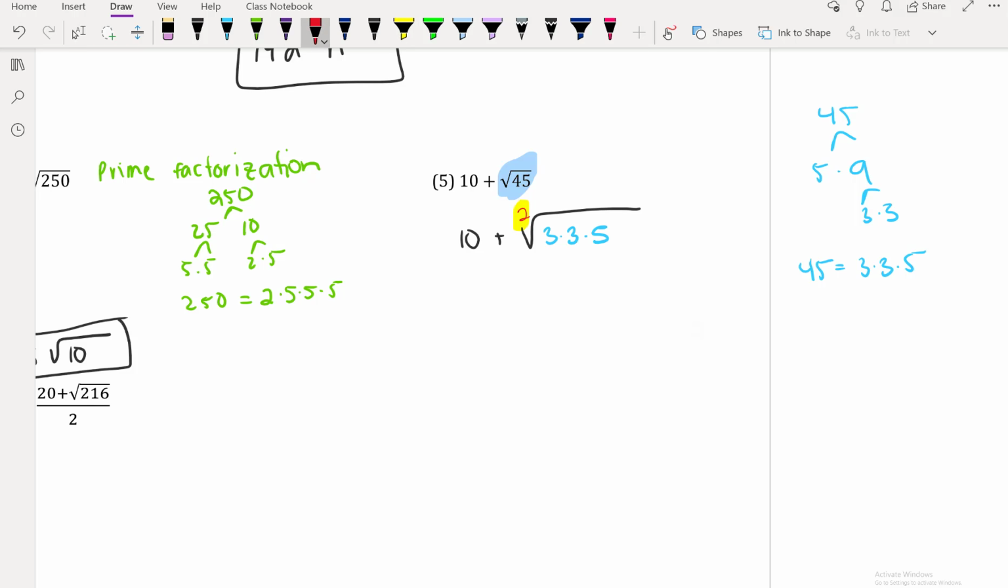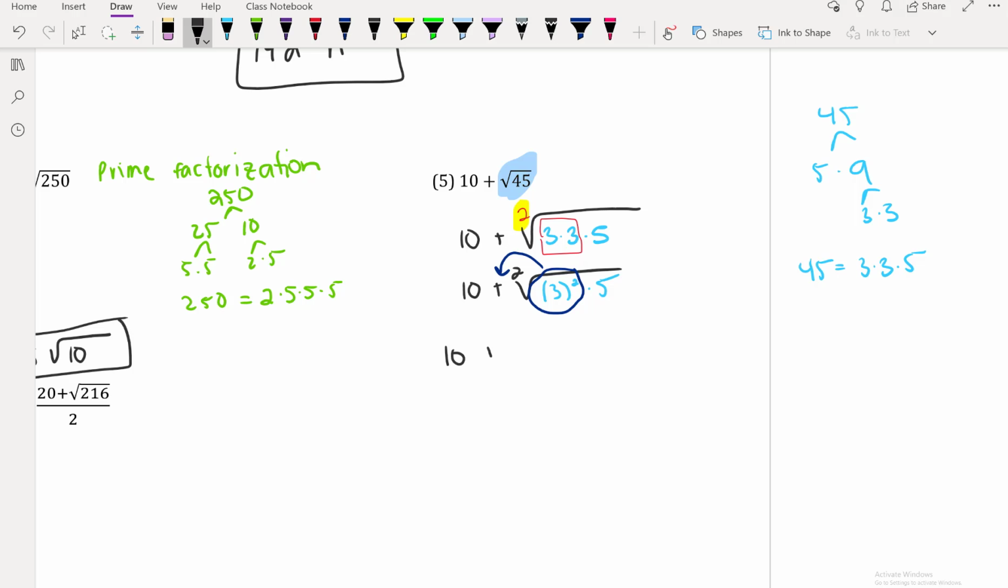So now I want to make sure to rewrite it as a power of 2 if possible, or something that's divisible by 2. So I have 10 plus the index. So now I have a 3 squared times 5. So now I know that this 3 squared is going to jump out right in front, but behind the addition sign.